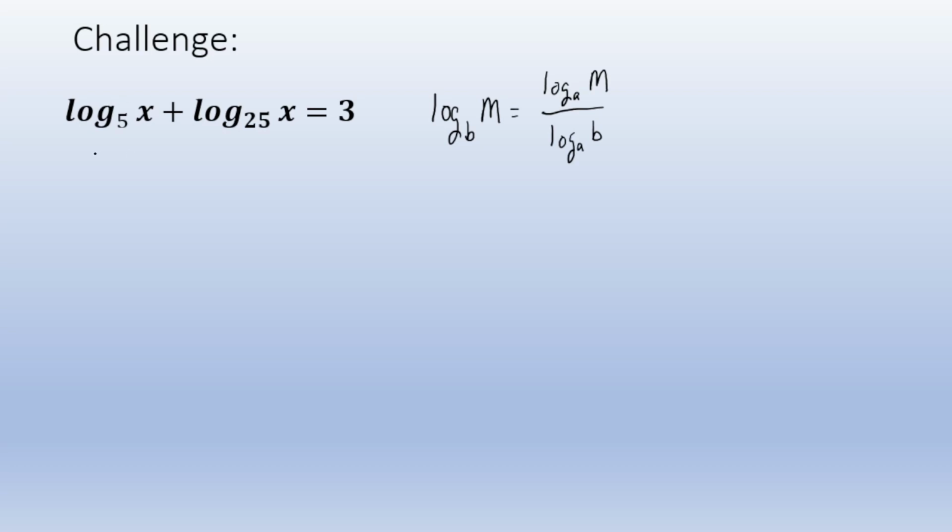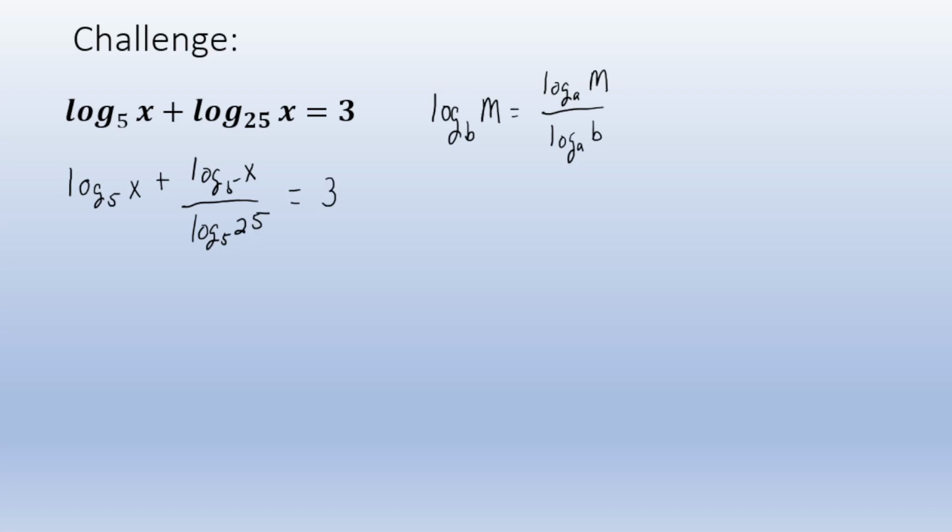Now, in so doing, there's no reason for us to change the first term because it's already expressed in terms of log base 5. The second term, however, we will use the change of base formula on. This gives us the log base 5 of x over the log base 5 of 25.